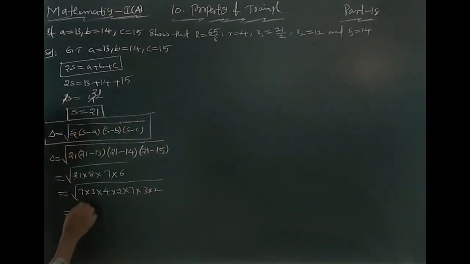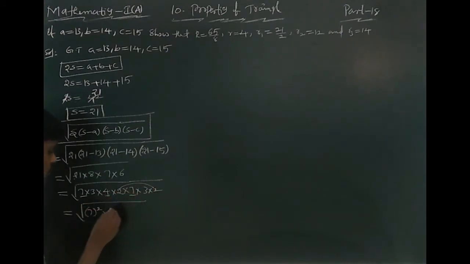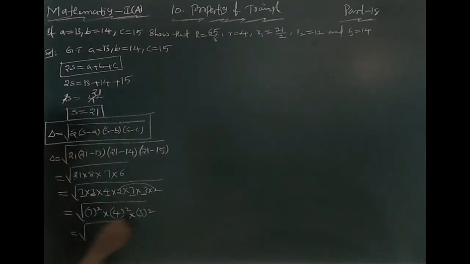So you get 7 square, 4 square, and 3 square. This can be written as square root of 7 into 4 into 3 whole square.